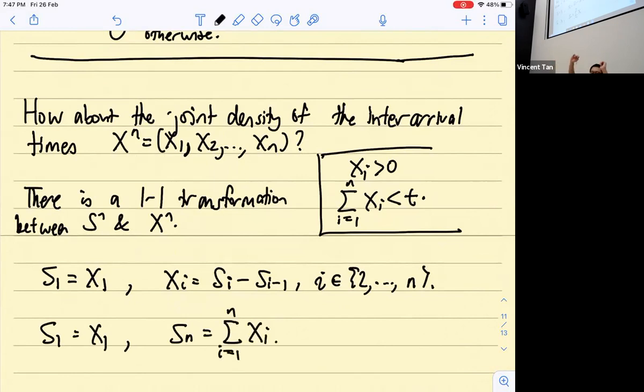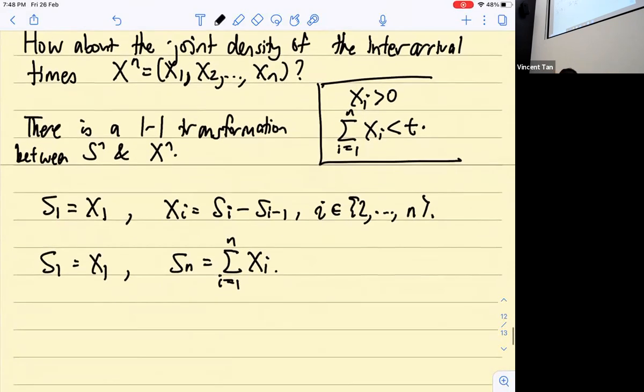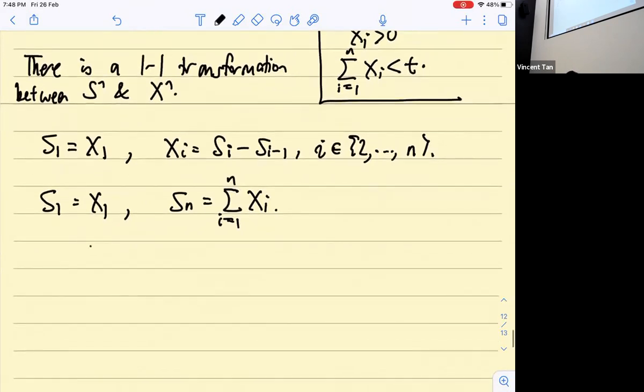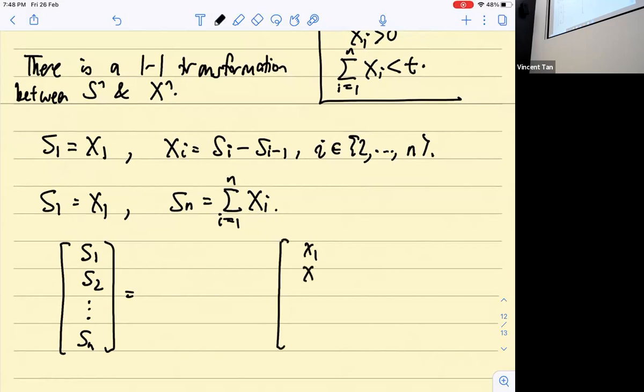Okay. So what is the meaning of one-to-one? That means that if I know the x's, X1 to Xn, then I know S1 to Sn very easily, right? So in particular, we can write the following: S1, S2, all the way up to Sn. We can stack this in terms of a vector, and we have another vector here: X1, X2, up to Xn. So we can write this as a matrix: 1, 0, all the way.